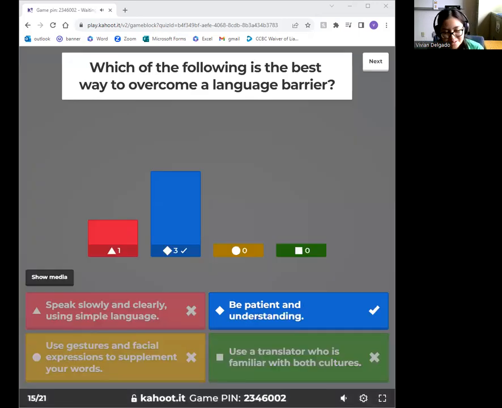I think all of them could be used, but the best answer is going to be patient and understanding. When you're communicating with someone that doesn't speak your language, it's very important to take it back to the basics and be patient and understanding. This shows that you're making an effort to communicate with them, even though it is difficult, and it shows that you have respect for the person and their culture.